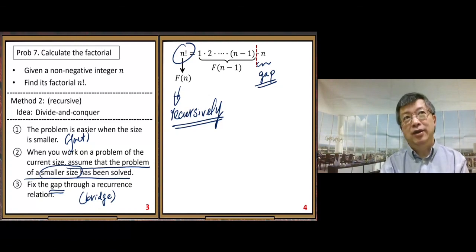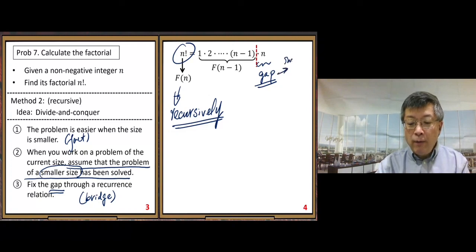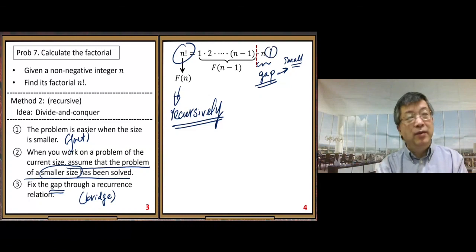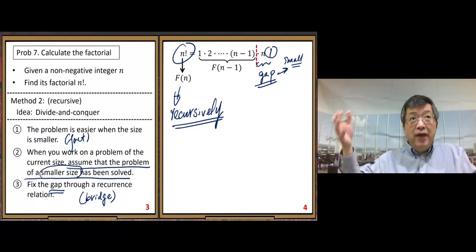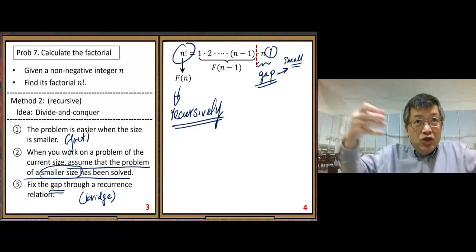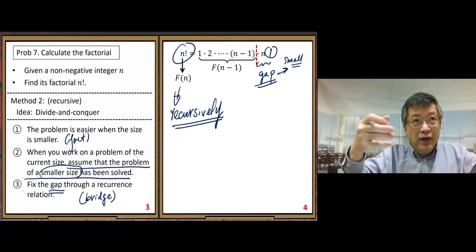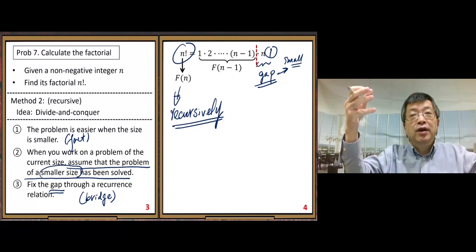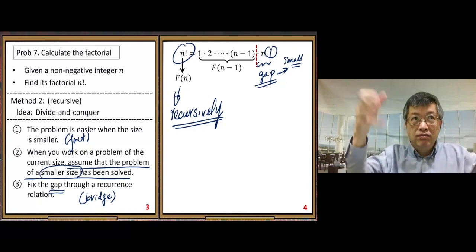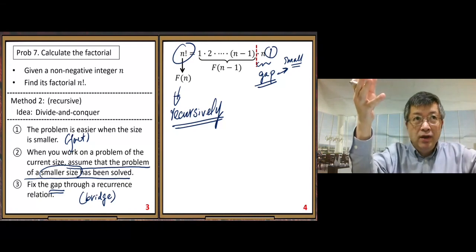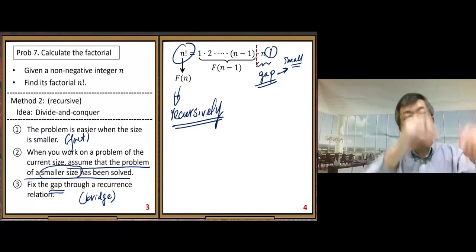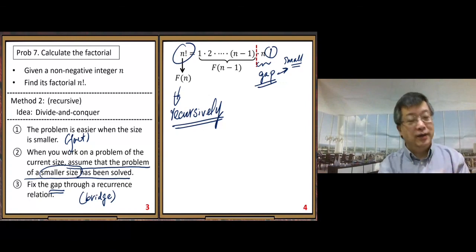So the logical reasoning is when the gap is small, here only one element, the gap is small, so then it is easier to bridge the gap between the differences of two problems of the same type with different sizes. All right, so that's the idea.